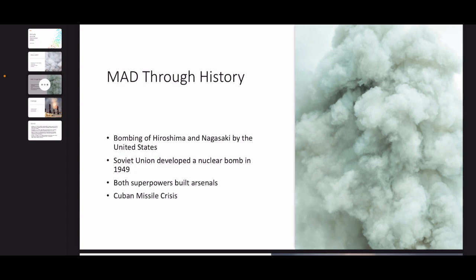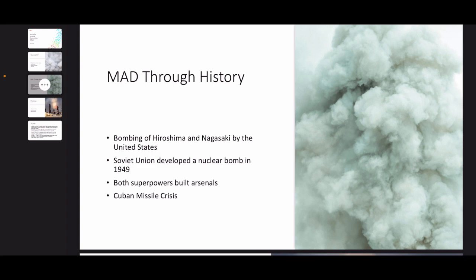And this just sets the stage for these both engaging into a nuclear arms race. I mean, Soviets and the United States started to build massive arsenals of nuclear weapons, just in fear of either side deciding to launch an attack. I mean, the more bombs you have, the greater capabilities you're able to accomplish.